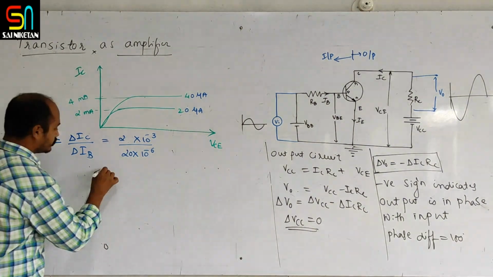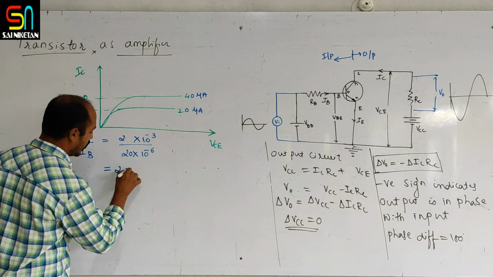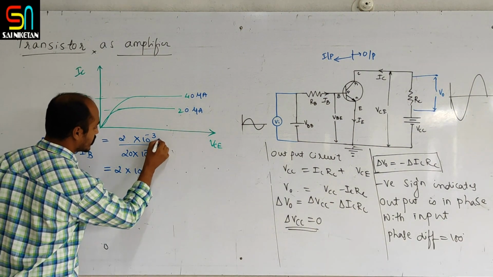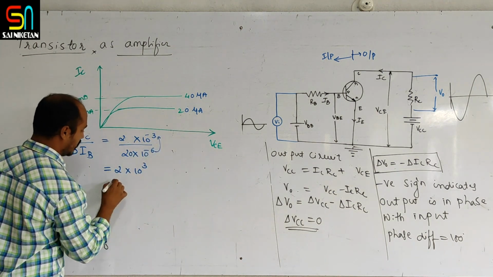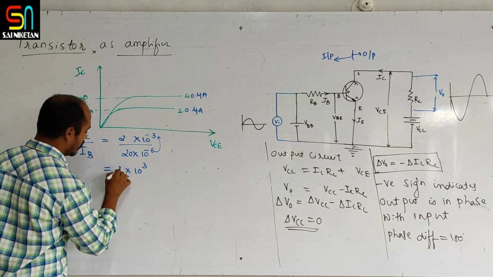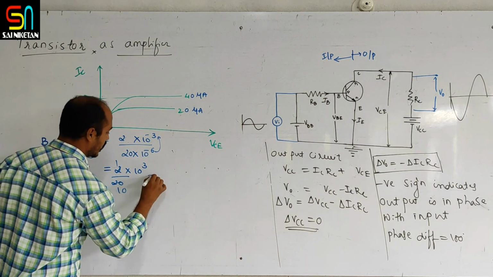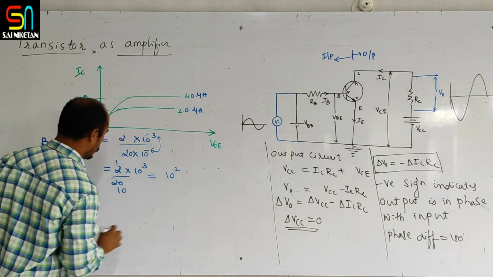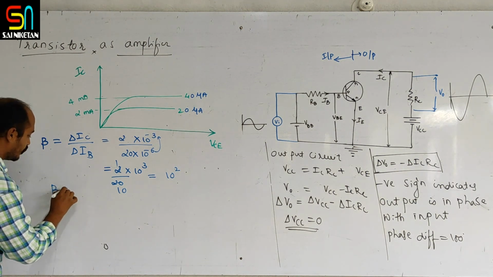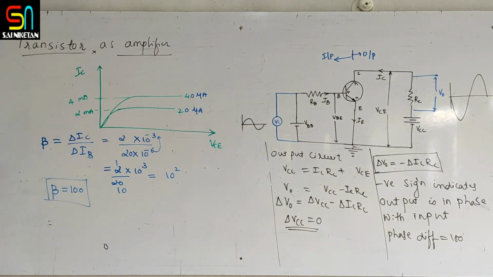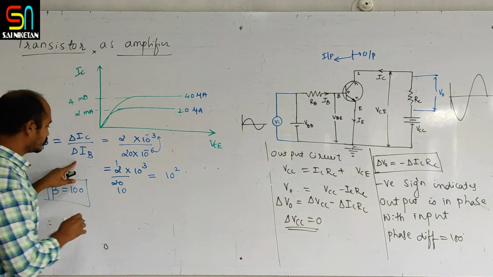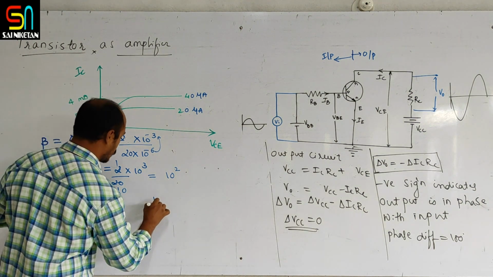Now 2 into 10 raised to minus 6 minus 3, divided by 20. You can cancel out 10, it will become 10 raised to 2. Hence beta is 100.